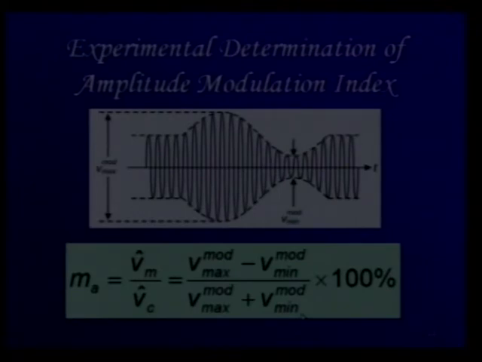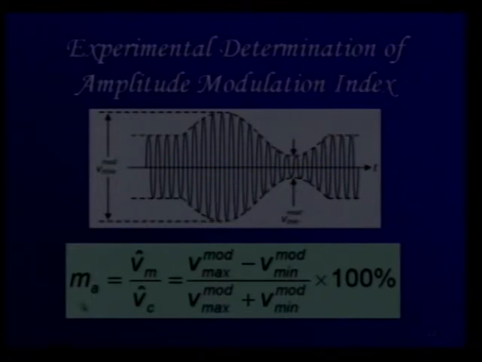If we want to experimentally determine the modulation index, then if you remember the definition, Ma is equal to Vm cap upon Vc cap. If this is my envelope, as you see here, if you see the zero line, the signal here and the signal here are exact mirror images of each other, and Vc mod max is the maximum amplitude that you hit, and Vc mod min is the minimum amplitude that you see.